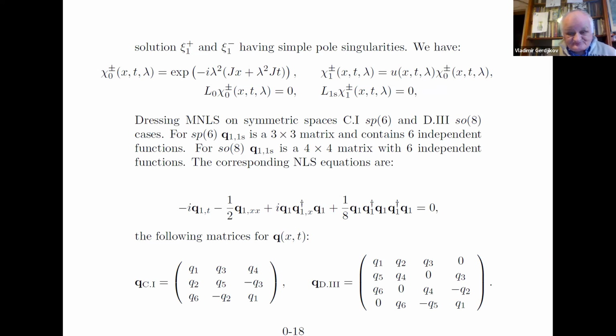So I will demonstrate to you how in this way you can obtain the one soliton solution. And actually the scheme is such that it can be repeated many times. So in general, you can always calculate the multi-soliton solutions.